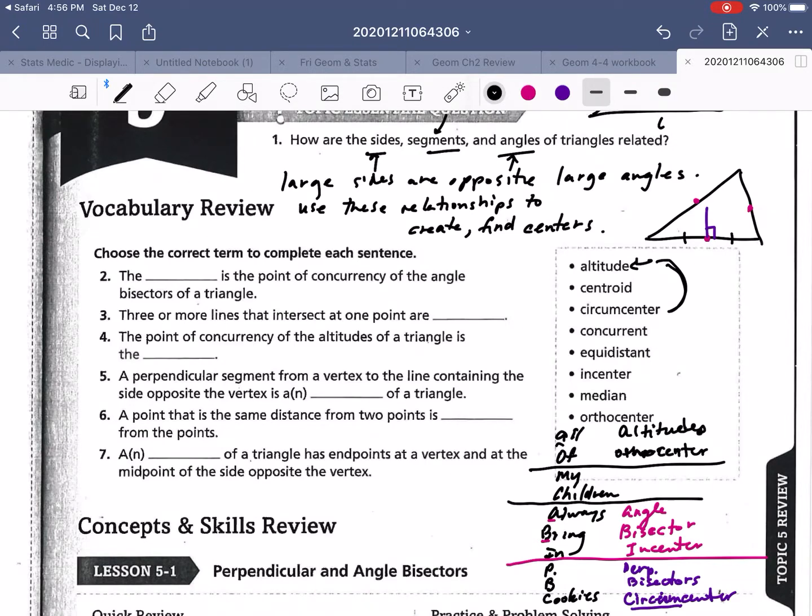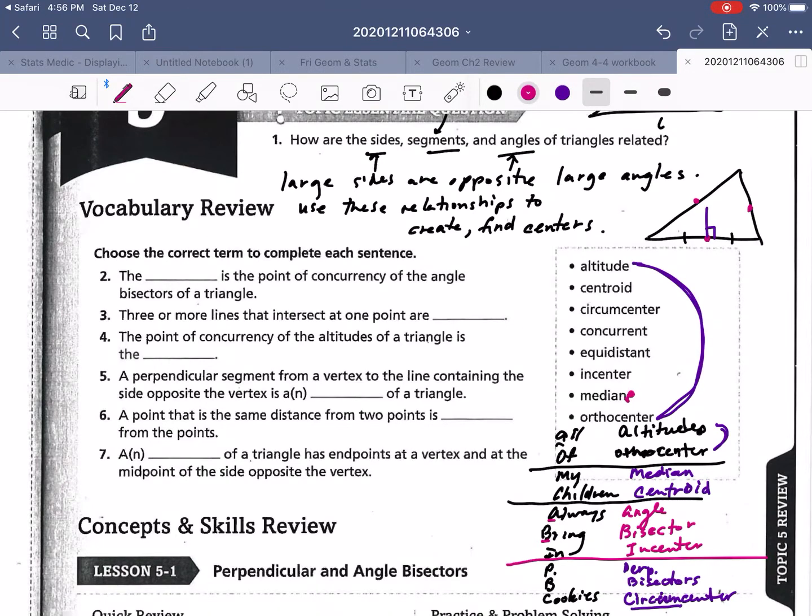For the test, you would not have to memorize them because you have your notes, but for the midterm and the final, we won't have our notes. So we do have to know these and figure out a way to remember them. What is MC? That's medians make centroids. Now, using this information, let me fix my mistake here. Altitudes make orthocenters.